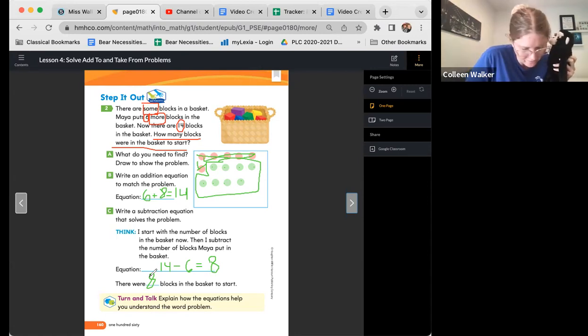What do you think? Awesome. So Monkey said that the equations are another way to see how the numbers relate to each other in the problem. So this showed us how the numbers relate, and this showed us how the numbers relate to each other in the problem.